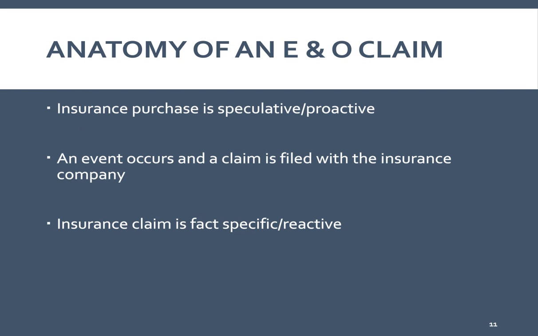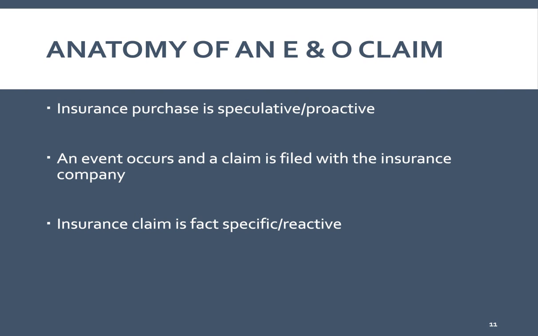Now, getting into the anatomy of an E&O claim, there's more than three components, but initially, the insurance is purchased by the insured, and it really is a speculative purchase. It's trying to be on the proactive side of things, saying, I'm concerned about something happening, there's a financial exposure here, and I want to transfer this to the insurance company.